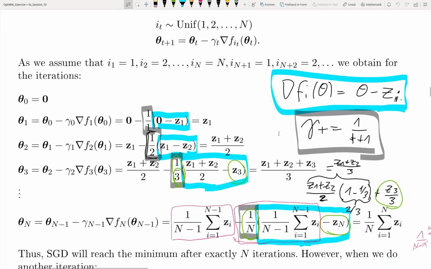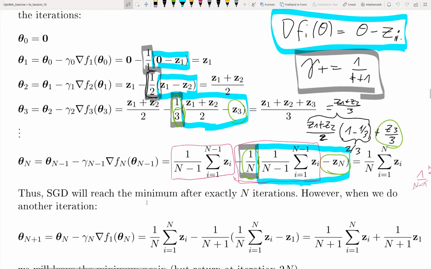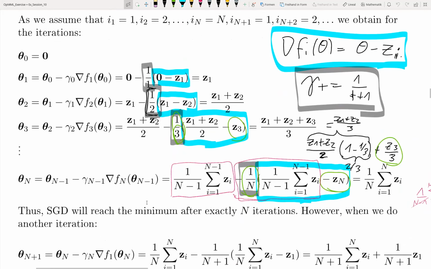You can show if you would sample uniformly at random without replacement the n many data points, you will end up exactly at that point as well. Simply because you can relabel the data points and then consider here exactly the same routine.